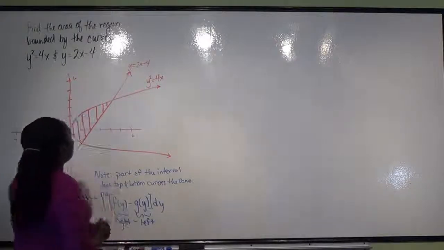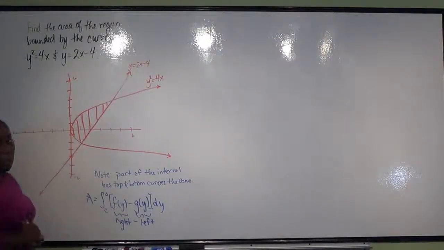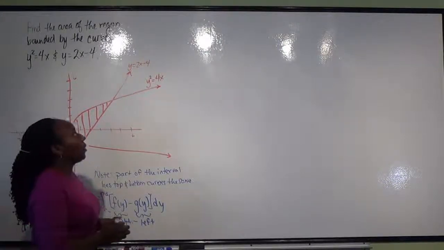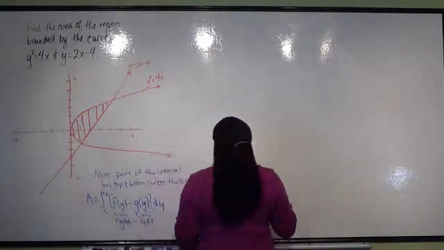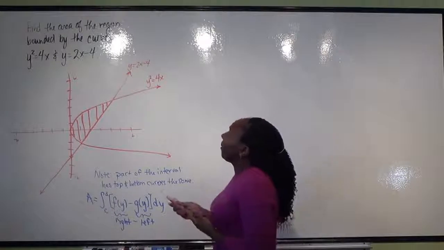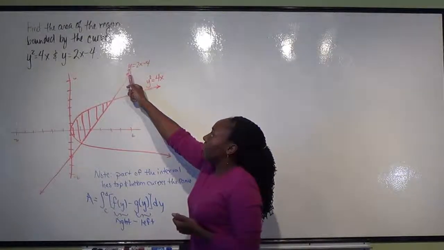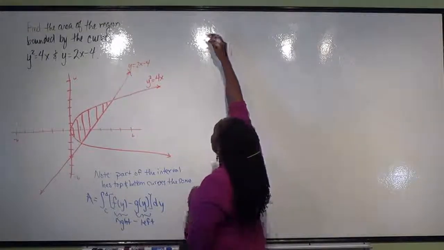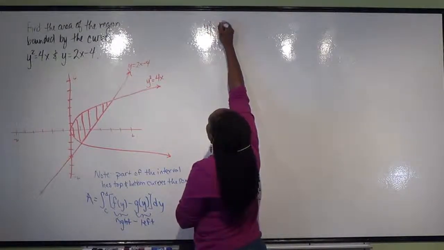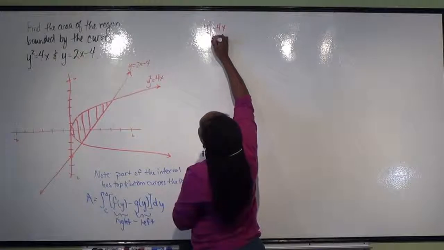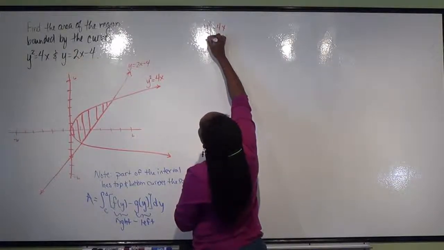So in this picture, again, I need to start by figuring out where my intersection points are. So again, I'm going to set my equations equal to each other. Now here I've got to be a little careful because one of them is a y squared and the other is a y. But notice, if y squared equals 4x, like we said, x is 1/4 y squared.